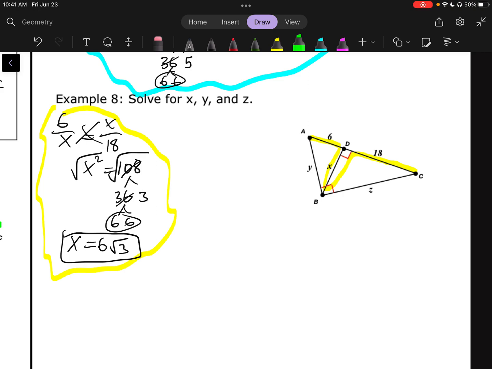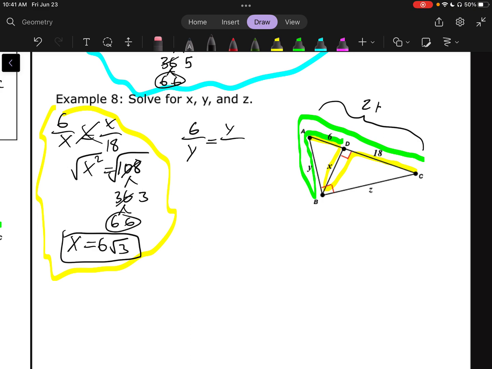Okay, now let's grab one of the legs. I'm going to go for y next. Start with the piece of the hypotenuse near y. Go down y and then loop back around. So that'd be 6 over y equals y over the whole hypotenuse, which is 24.